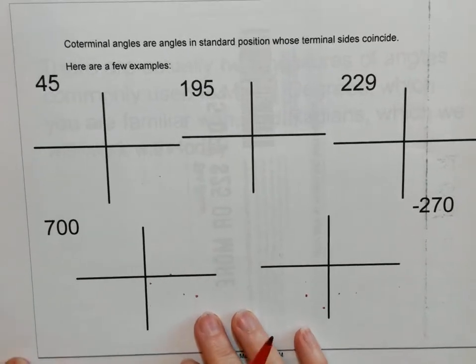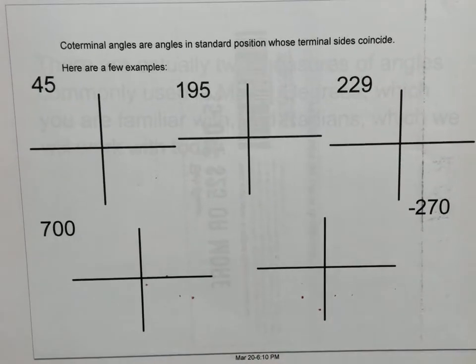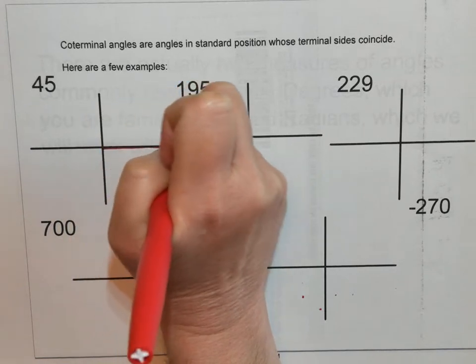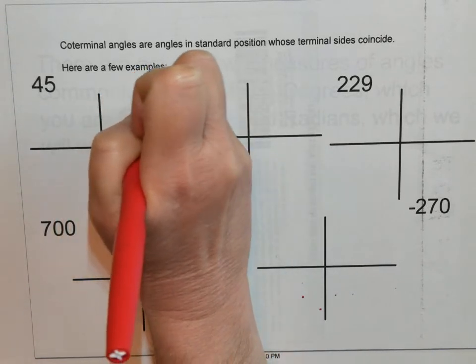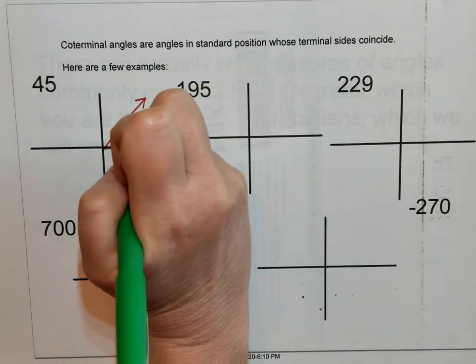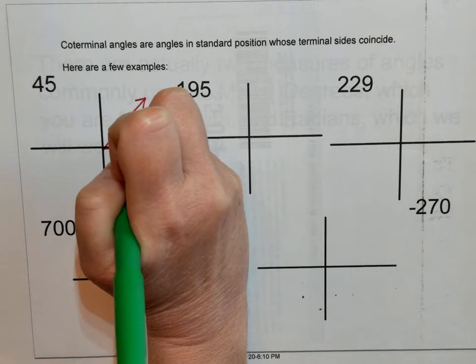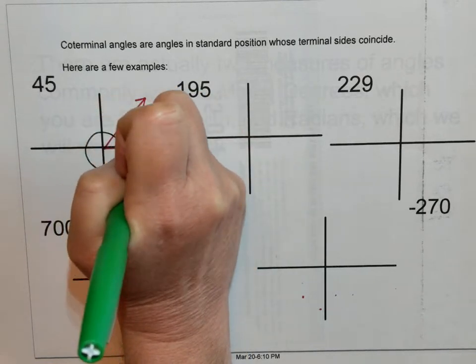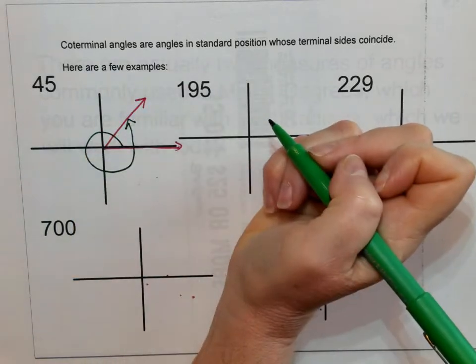All right, coterminal angles are angles in standard position whose terminal sides coincide. So here's a 45-degree angle. I'm not going to do all of these. There's 45 degrees. Here is a coterminal angle. I could go from this initial ray all the way around to there.